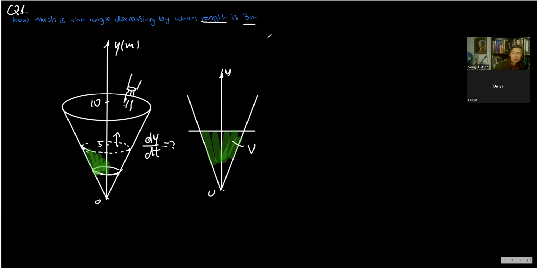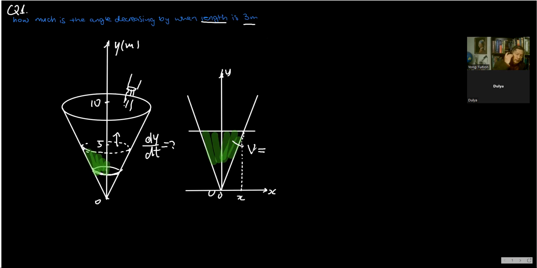Here we probably have to put another axis. This is the x-axis, and this is the origin. That will help you. How can we work out this volume?